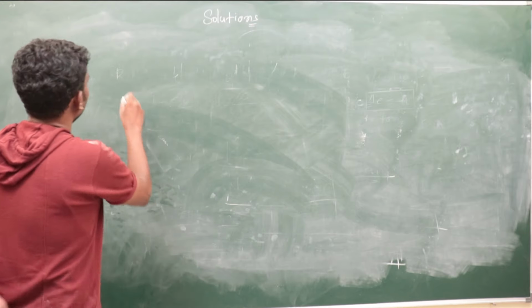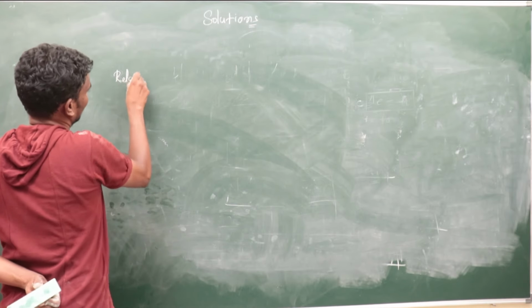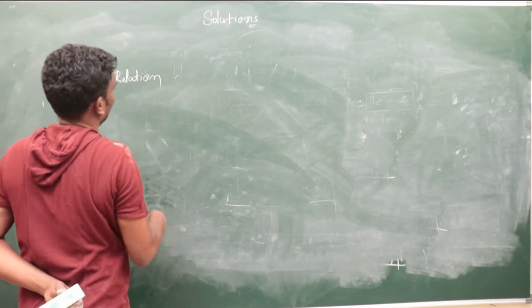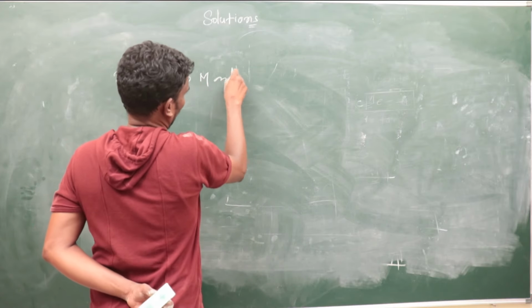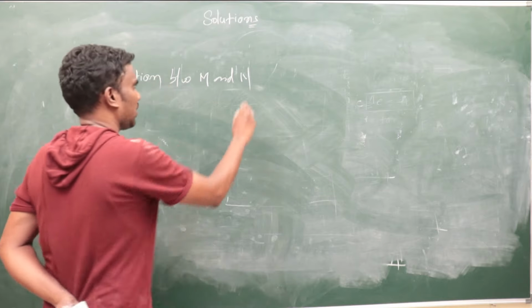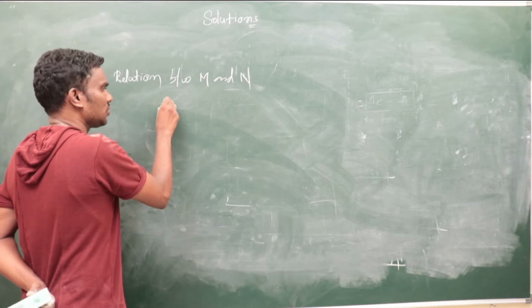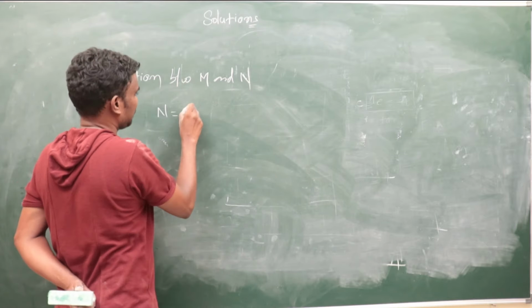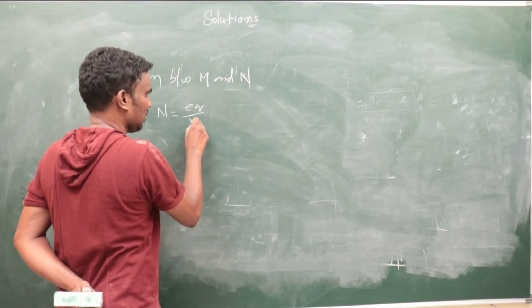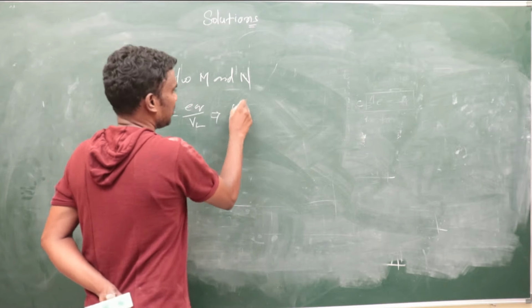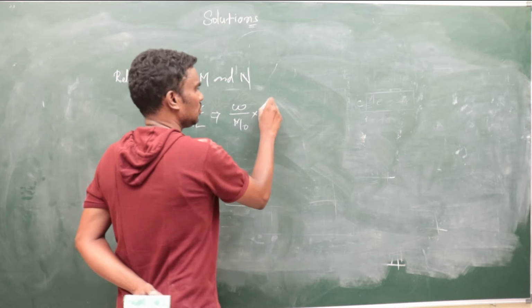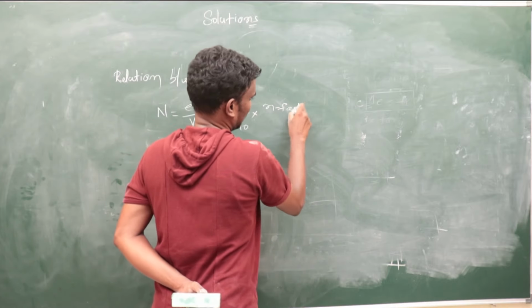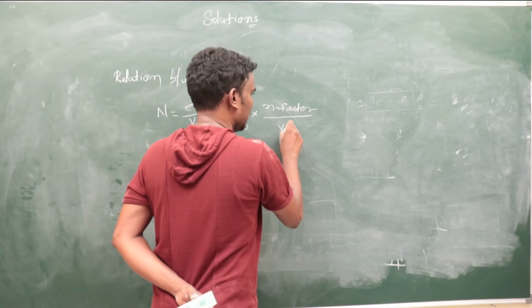So your final term: relation between molarity and normality. Normality means what, sir? Equivalents by volume in liters, that is weight by molecular weight into n factor by volume in liters.